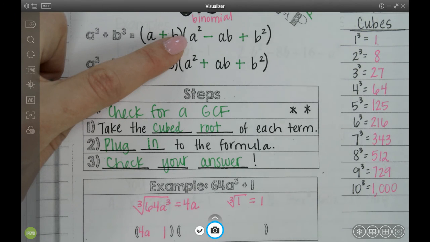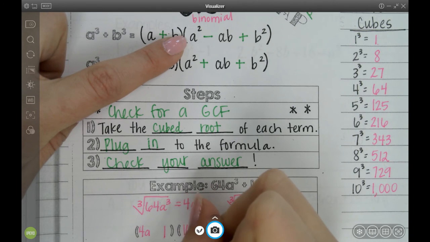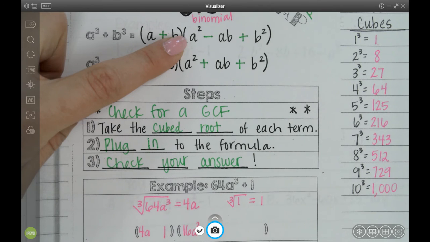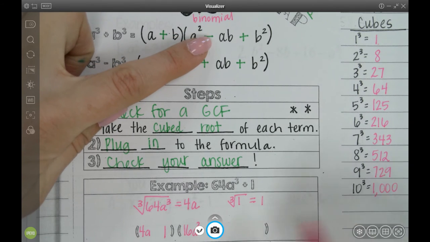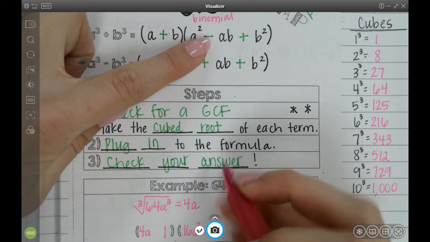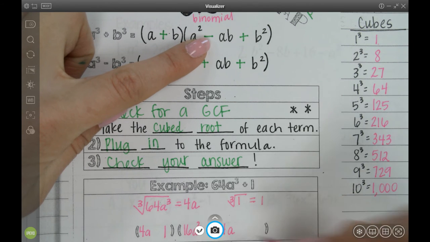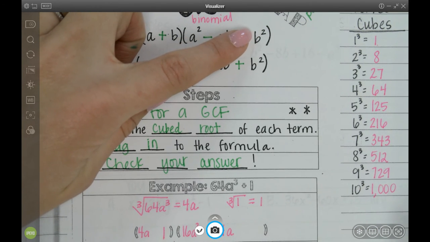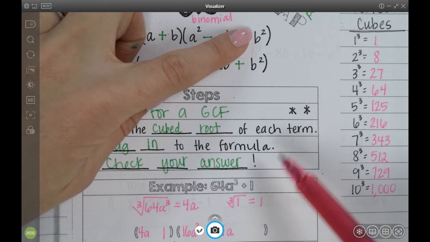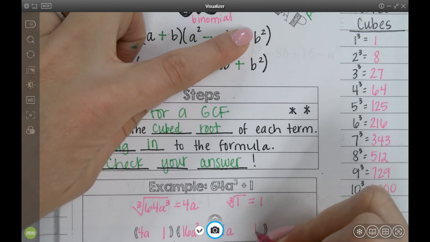Also known as 4A times itself. 16A squared. 4A times 1 is just 4A. And then I'm going to have 1 squared, which is just 1.